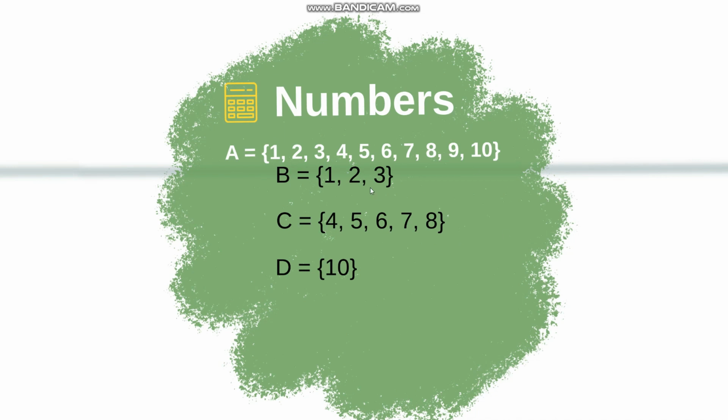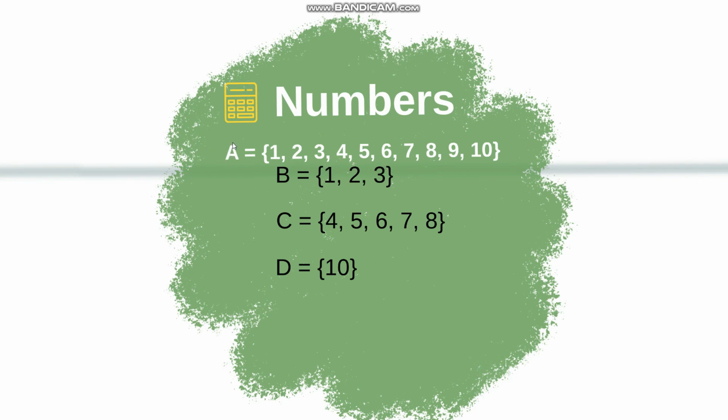Now, as you could see, set B, C, and D are all subsets of our universal set, which is A. Our universal set here is set A, and set B, C, and D are just subsets. They are subsets because they are just part of the larger or the bigger set.